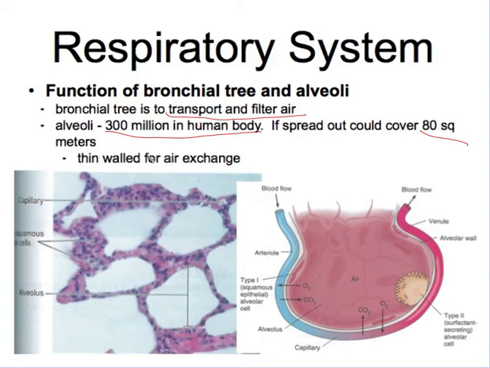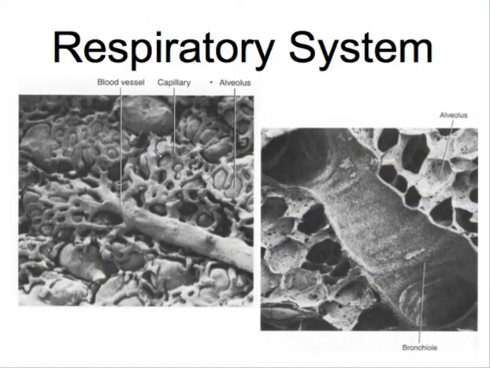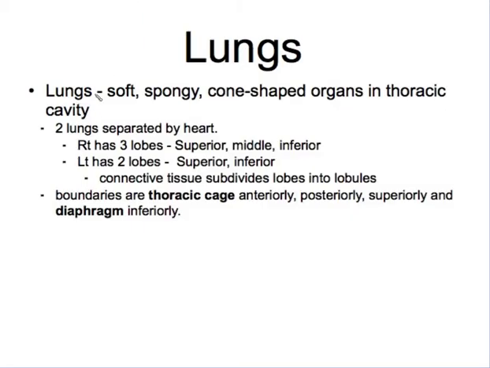And the reason they have thin walls is for this gas exchange, oxygen and carbon dioxide. Here is an X-ray image, and so you can see your blood vessels. We have our capillaries surrounding your alveolar sacs, your alveoli. Okay, same thing here, shown on both of those pictures.